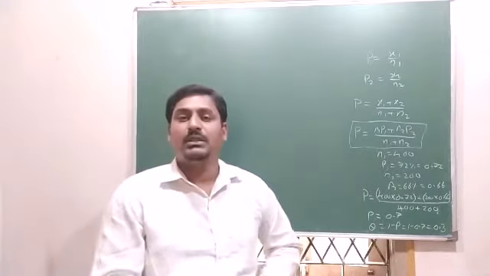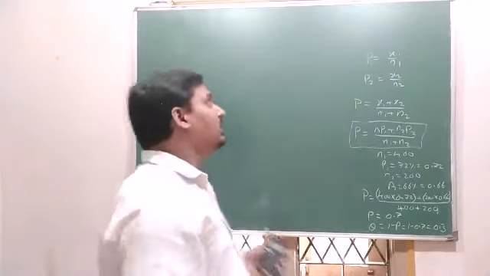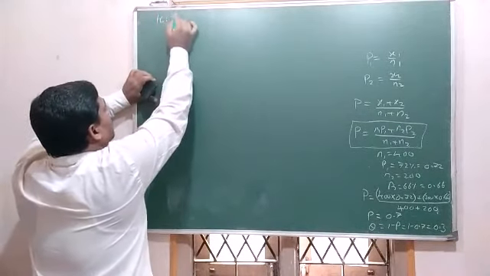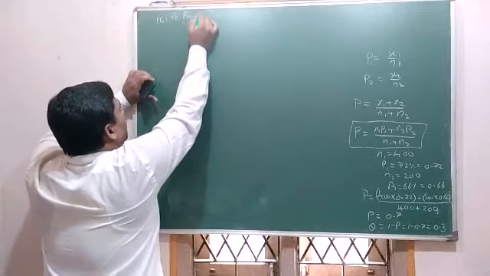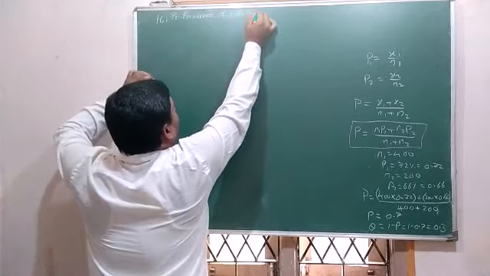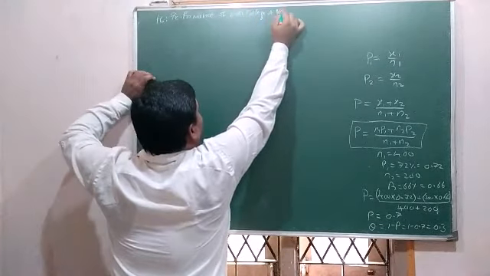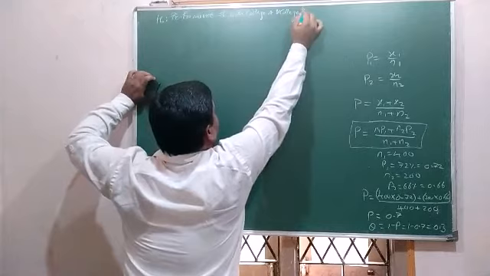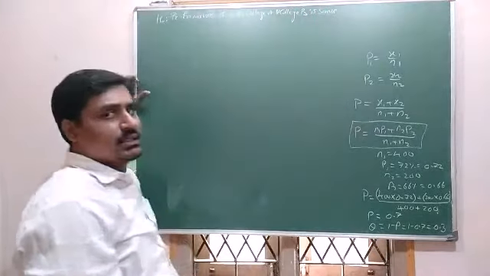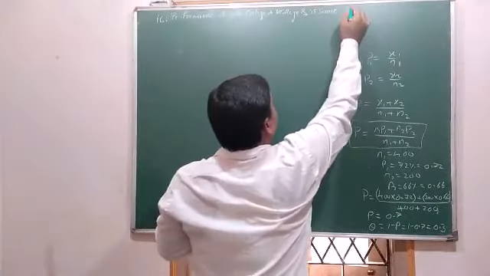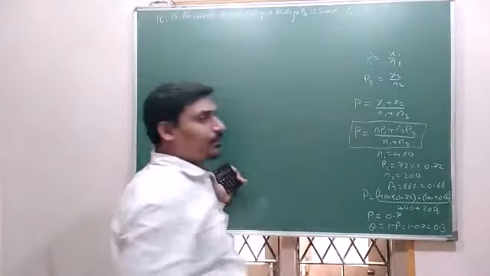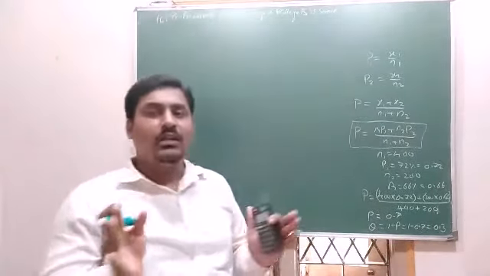Here the performance of two colleges is compared, therefore H naught: the performance of both college A and college B is the same, and we assume here that P1 is equal to P2 is equal to P. So both proportions are the same.